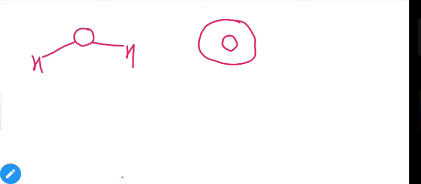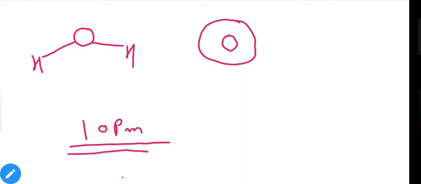To stabilize the molecule, a certain distance is necessary. Let's say we need at least 10 pm. You cannot reduce the distance between two electron pairs below 10 pm. This is just an assumed value, and now let's zoom in on our structures.